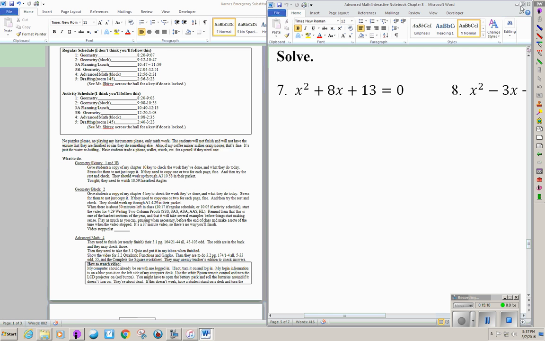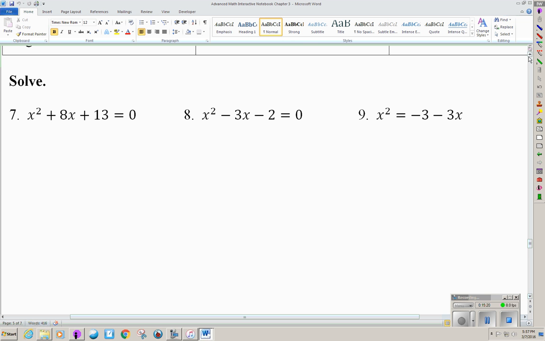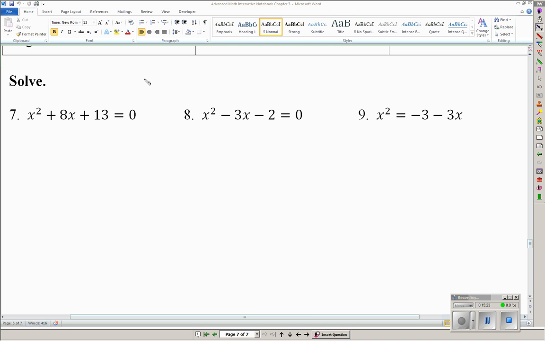So let's write the quadratic formula here and have it available. x equals negative b plus or minus the square root of b squared minus 4ac all over 2a.